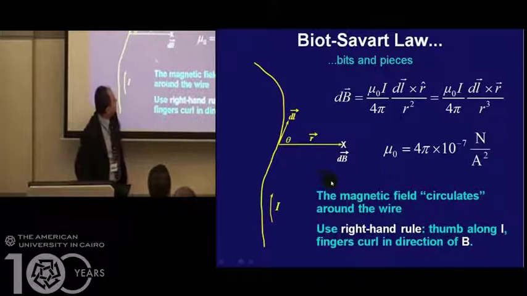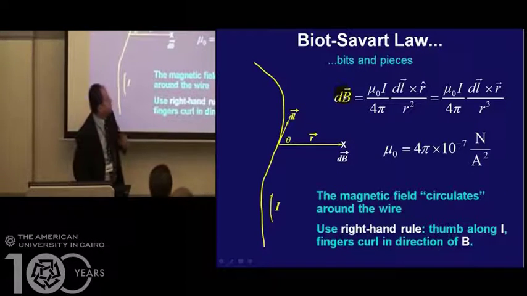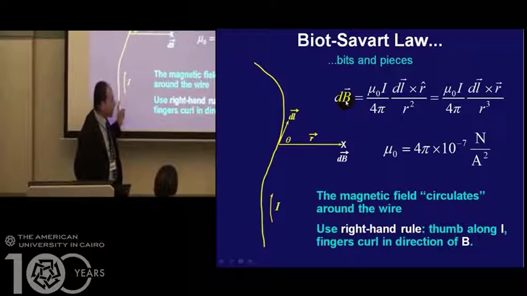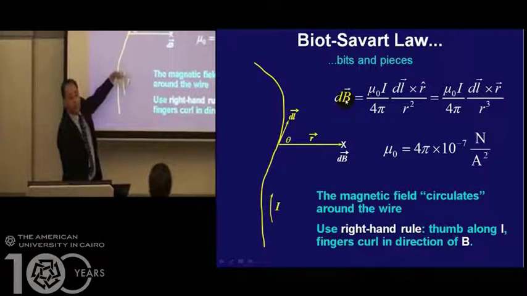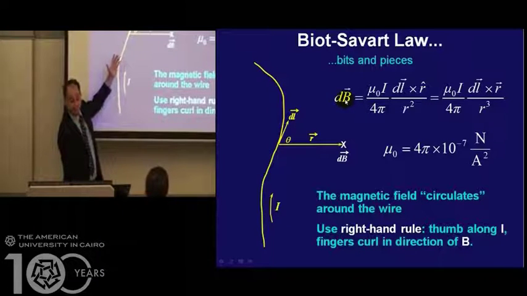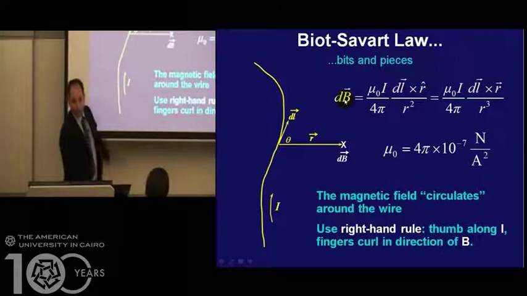That's dB. Now what remains is the integration from the beginning to the end to get the total magnetic field from the whole wire. Got it?